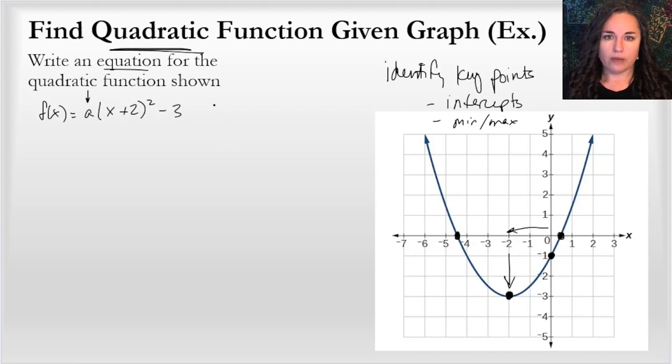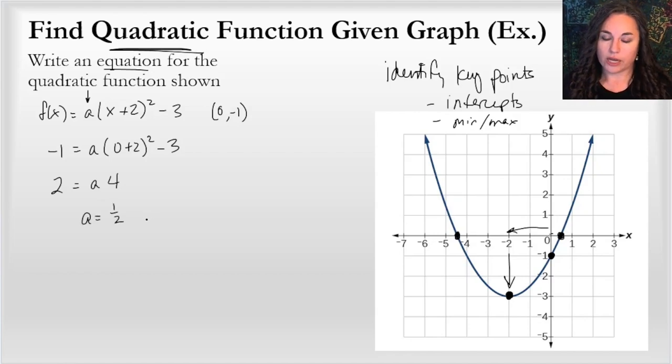I'm going to note I have the point 0, -1, right? When x is 0, y is -1. So -1 equals a times (0 plus 2) squared minus 3. I am going to move the 3 over, so I get a positive 2 on this side, a times 4, and a equals 1/2.